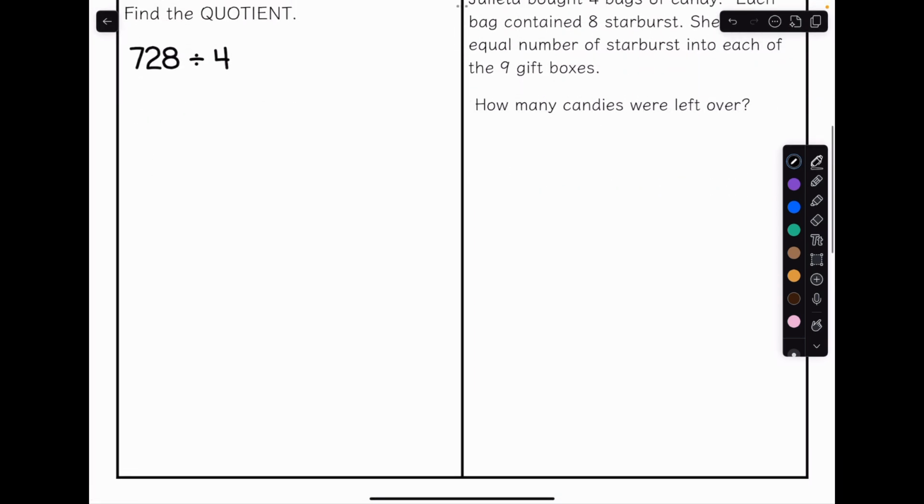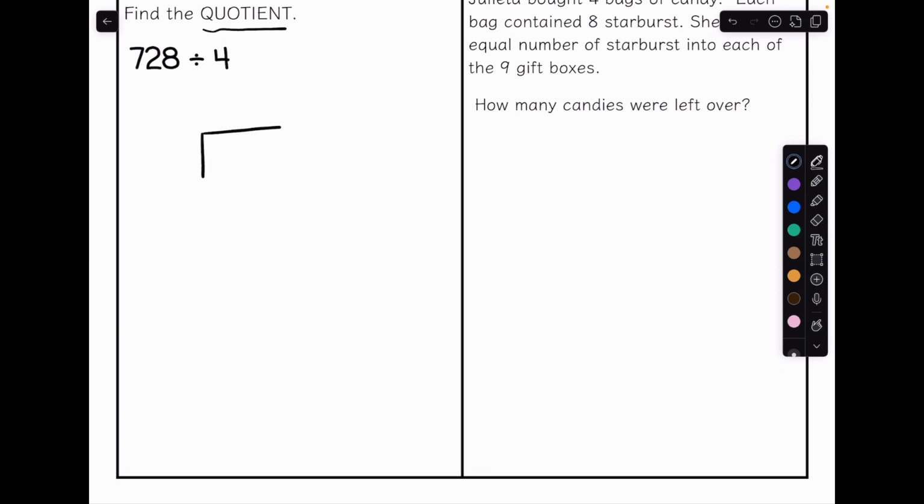All right, our next question is find the quotient. We're still working on division, very heavy in the classroom, and we do know that it trips up the kids sometimes. We have been teaching them a lot of strategies, but the one we might be more comfortable with at home is long division.